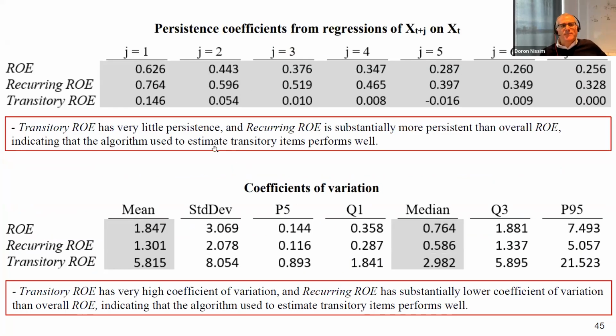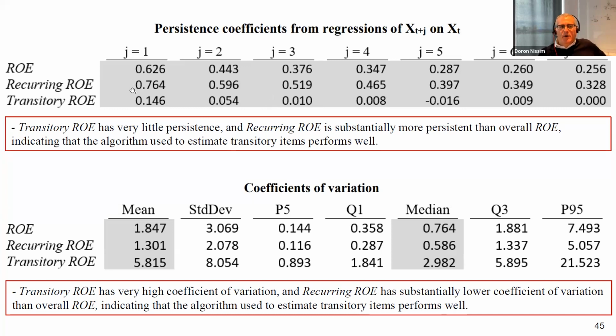I also show that when you look at the persistence coefficient, transitory ROE, the way that I estimate it, is not completely transitory, but within 2 or 3 years it becomes really transitory. No persistence anymore. Still some persistence initially, so I'm not able to completely identify all the transitory component using my algorithm, but apparently I do a reasonable job.